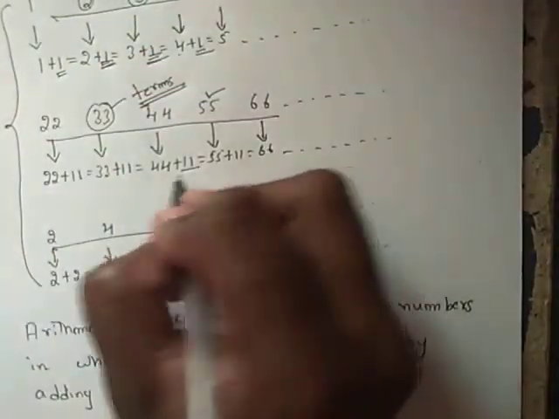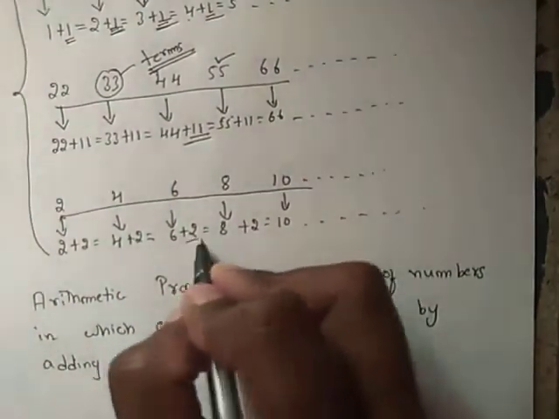So here we are adding a fixed number. Here the fixed number is 1, here the fixed number is 11, and here the fixed number is 2.